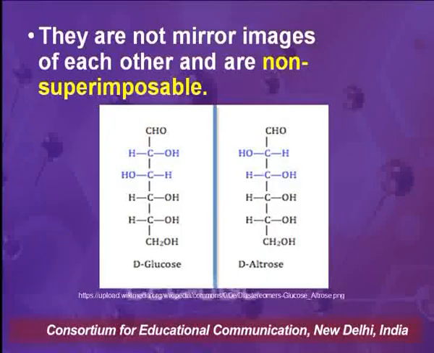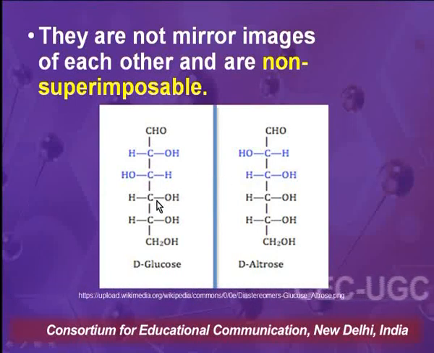For example, you can see on your screens the structures of D-glucose and D-talose. What we find is that the configuration at the second and the third chiral carbon is opposite, but at the fourth chiral carbon and the fifth chiral carbon, the configuration is the same.